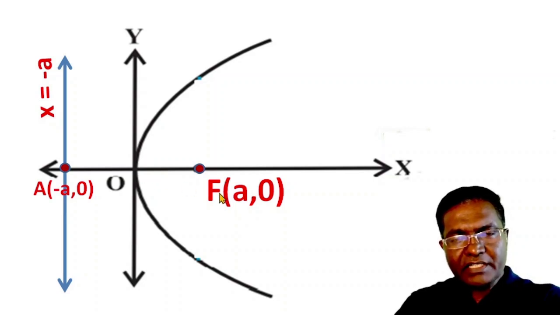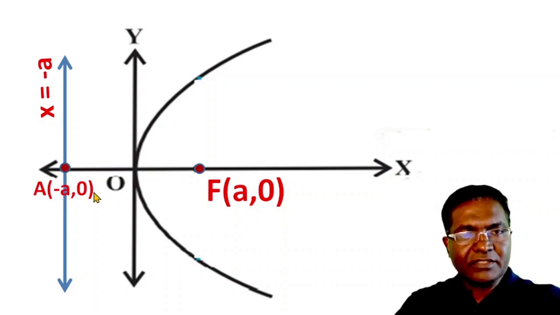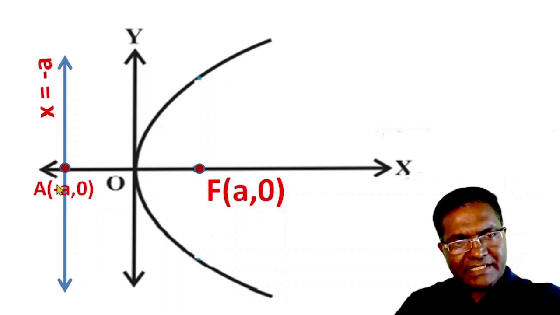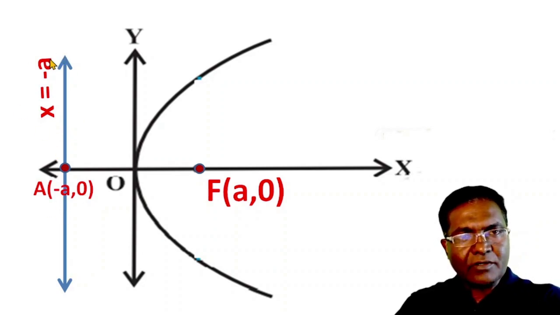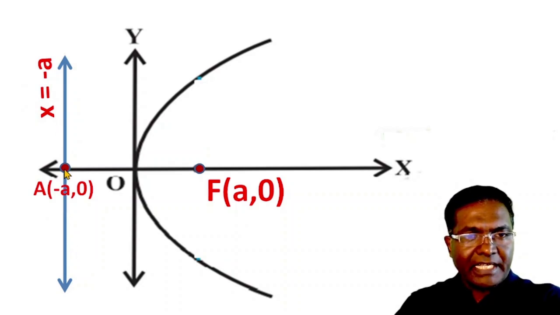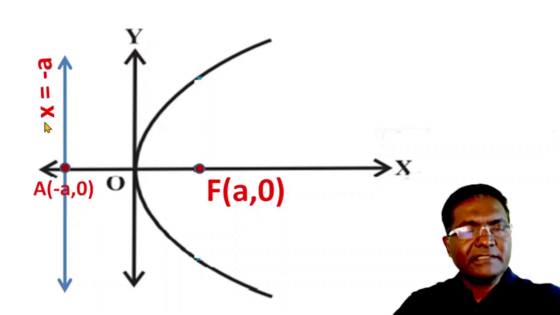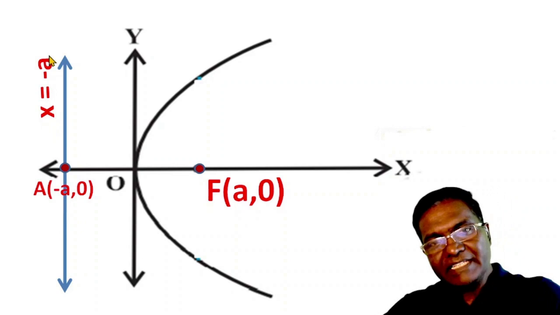So the coordinates of the focus are a comma 0, and on the other side, the coordinates are minus a comma 0. The directrix equation is x equals minus a because it is passing through the point A and is parallel to the y axis. So do remember, the equation of directrix is x equals minus a.